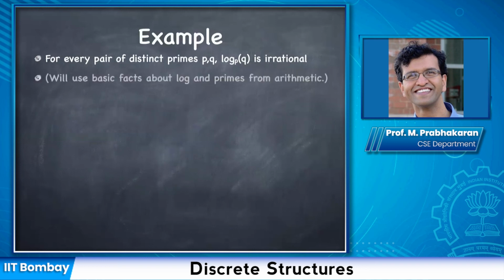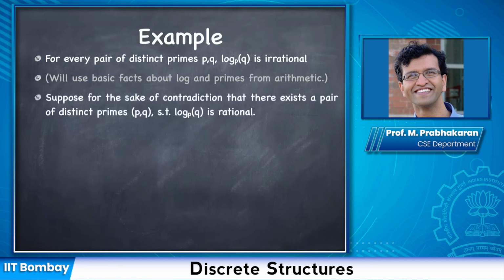Okay, so I'm not going to define what logarithm and primes are for now. We just assume that we have all those things at our disposal. So this is what we want to prove. Okay, so I'm going to appeal to your high school algebra knowledge to go through this proof. Okay, and I'm going to prove it by contradiction.